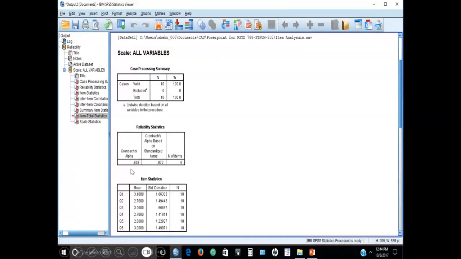So if you create your own test or questionnaire, this is how you calculate the reliability of it. And then the mean and the standard deviation for your items.